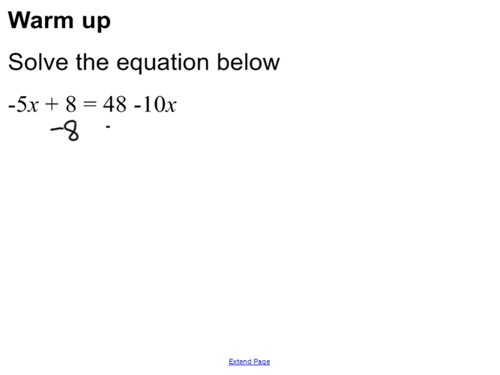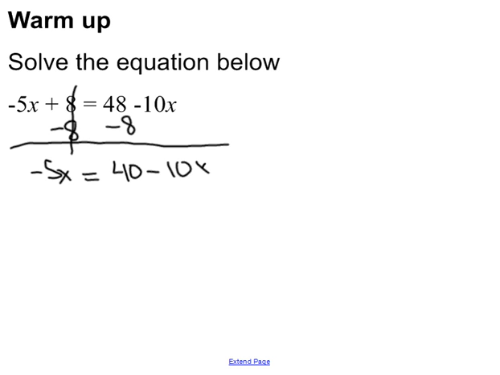Subtract 8 on both sides. The 8's cancel out here. You're left with negative 5x. This comes down, the equal sign comes down. 48, take away 8 is equal to 40. Bring down the minus 10x.